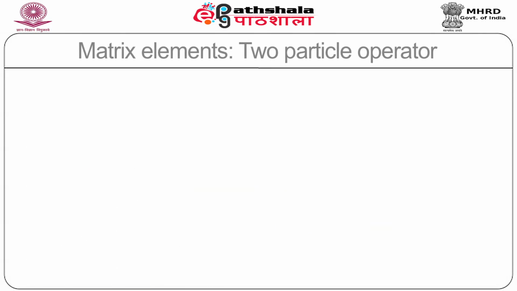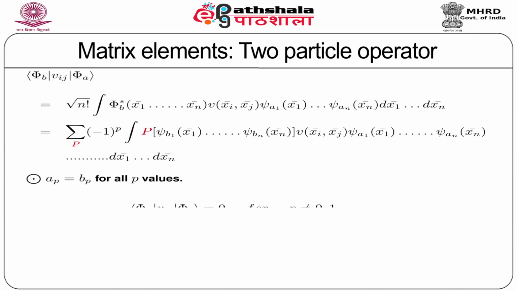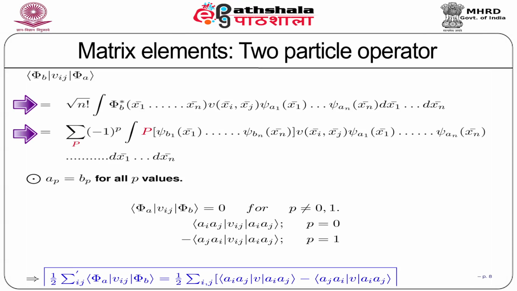Let us now consider the case of the two-particle operator and the matrix element of it as is shown here. The corresponding matrix element, taking into account the determinantal form and expanding this phi_b star, is given by the following expression.